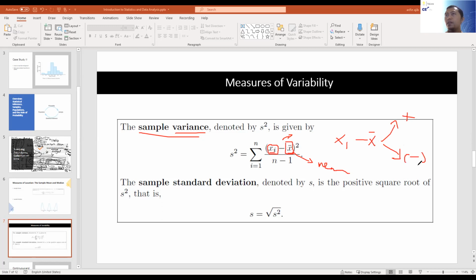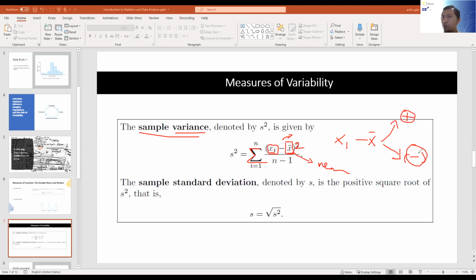And if we sum up together, the negative and positive will cancel each other. So that's why we put power of 2, to make it positive. So the difference, either positive or negative, cannot cancel each other.